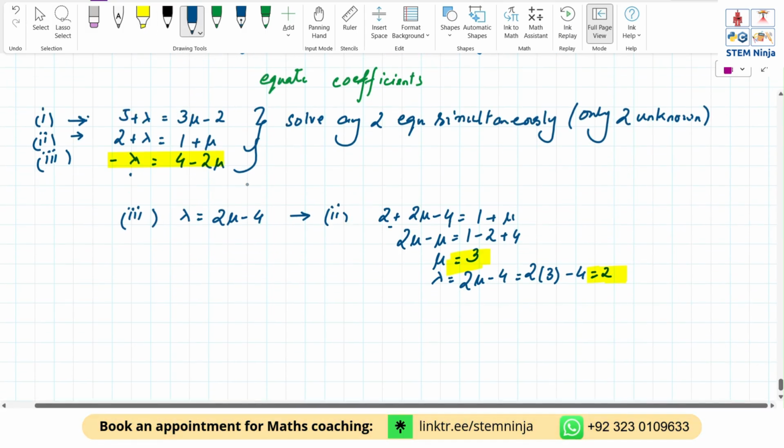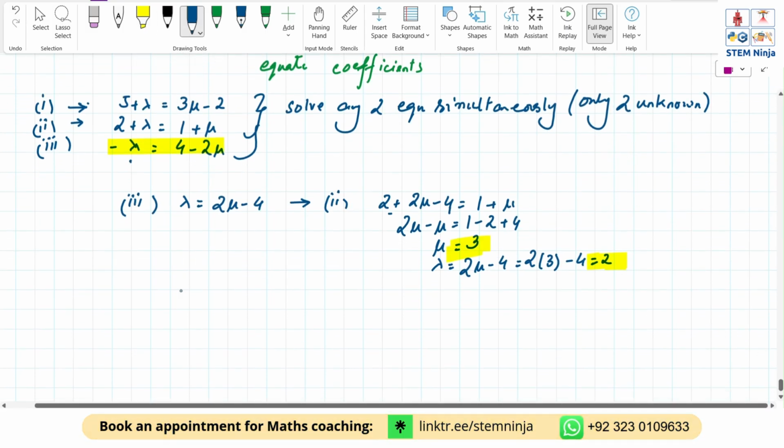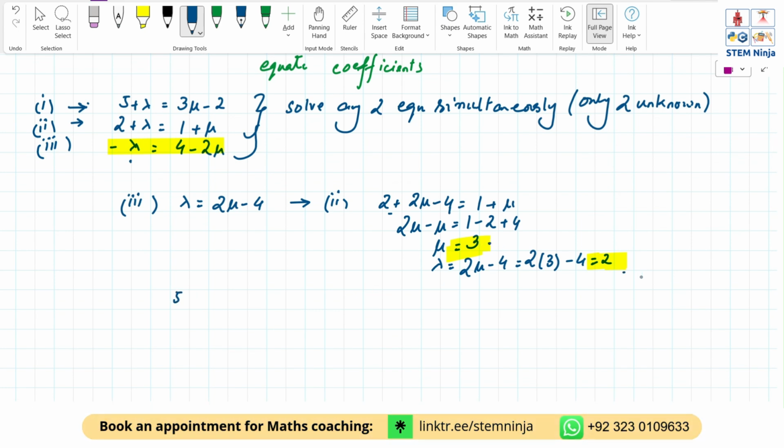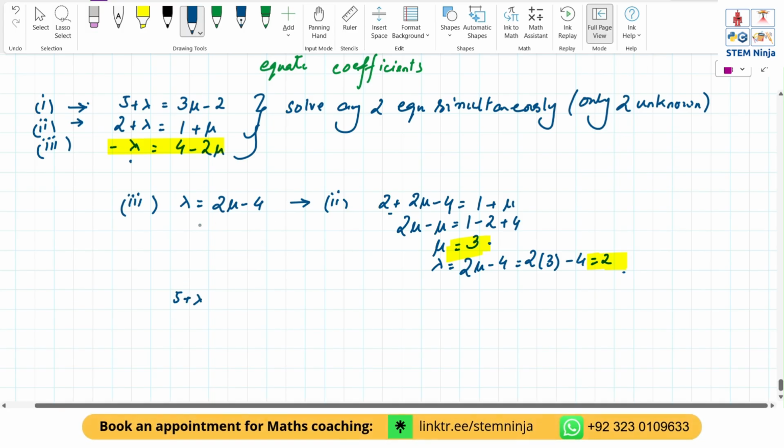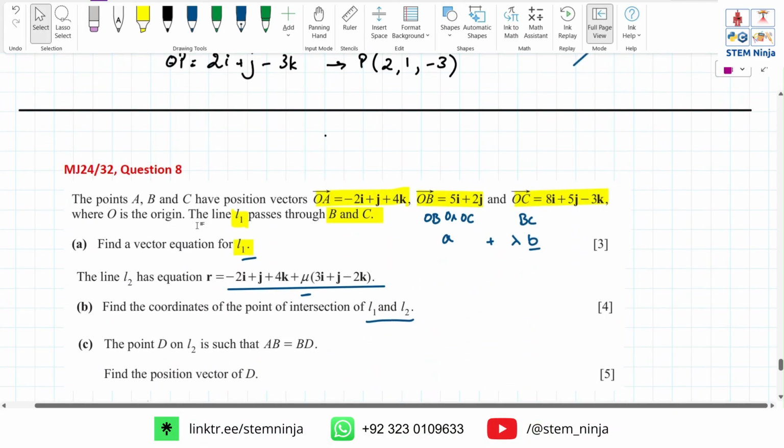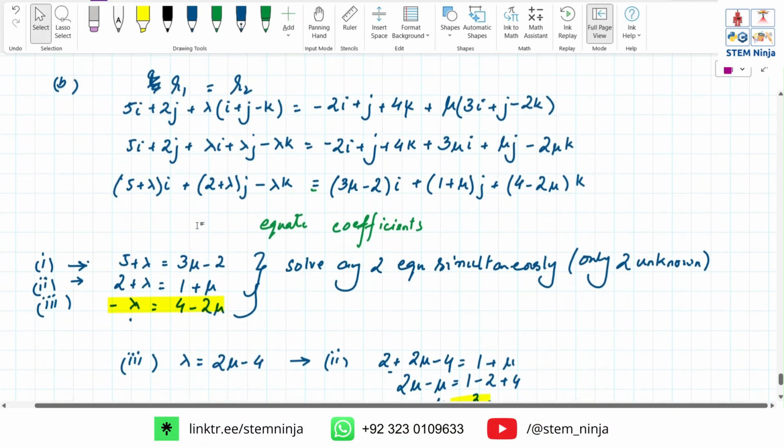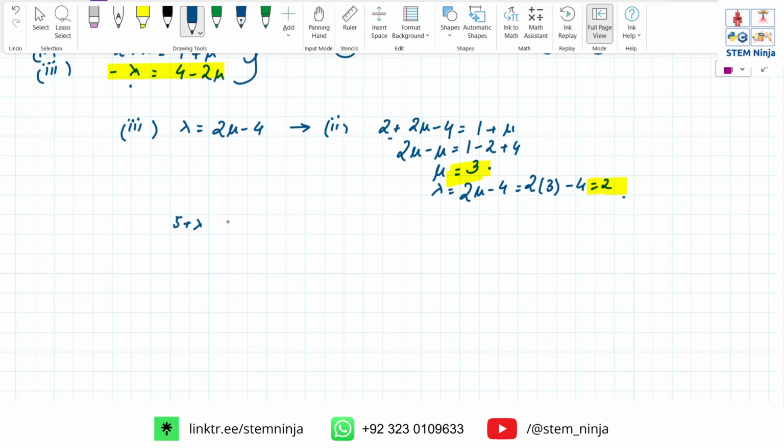So we just need to use either one of these values. So 5 plus lambda, so what is this, did they give us a name for this? Coordinates of point of intersection. Okay. So 5 plus lambda is equal to 5 plus 2.